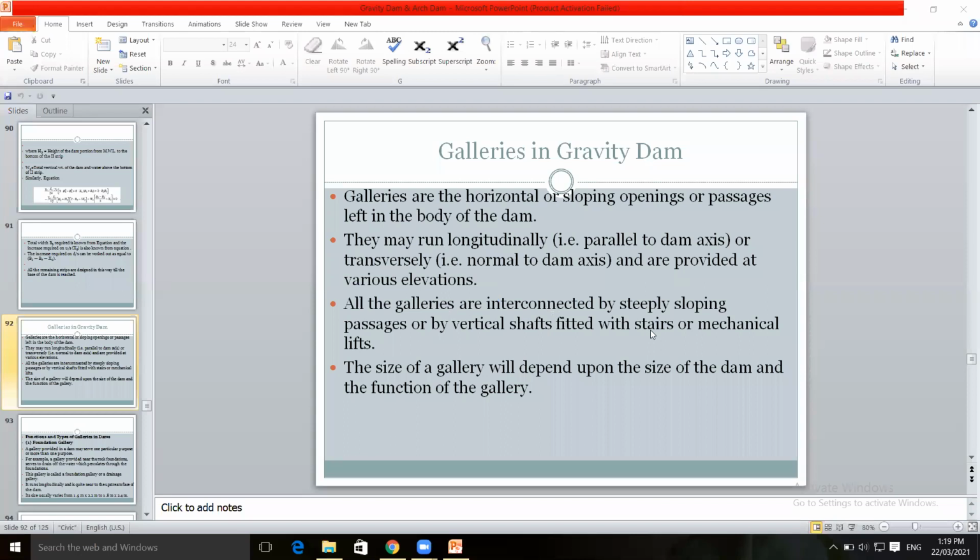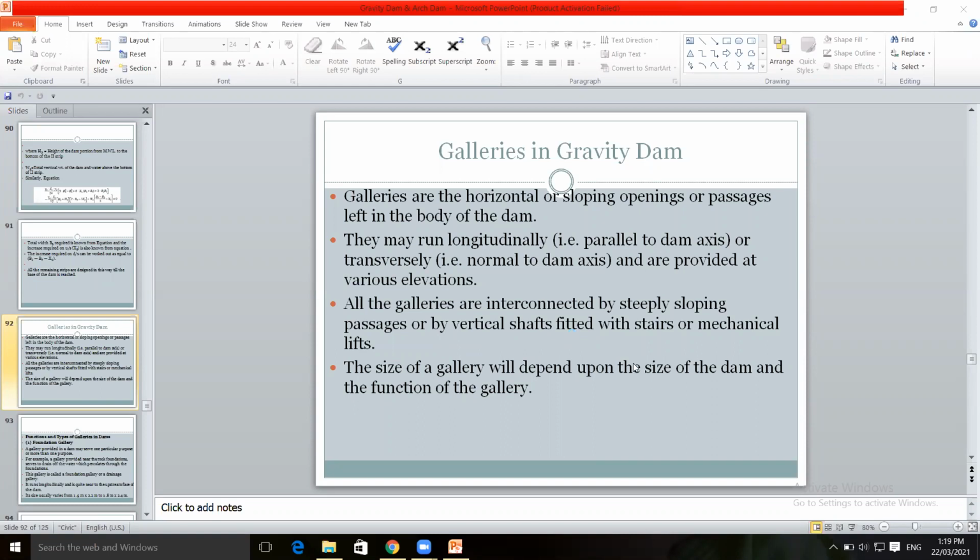All the galleries are interconnected by steeply sloping passages or by vertical shafts fitted with stairs or mechanical lifts. So these galleries are connected by steeply sloping passages, or by vertical shafts fitted with stairs or mechanical lifts.